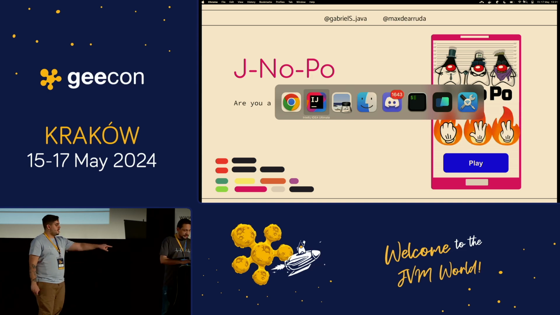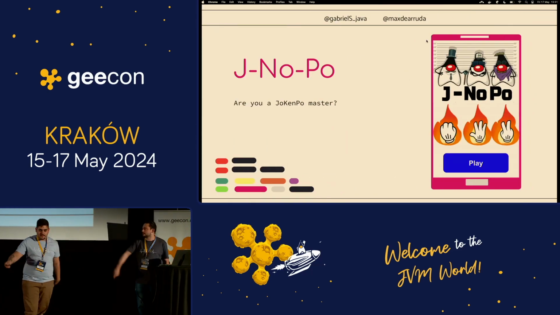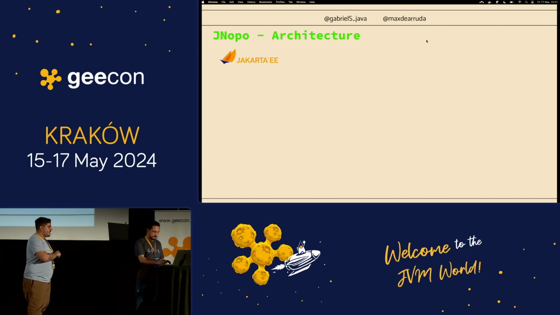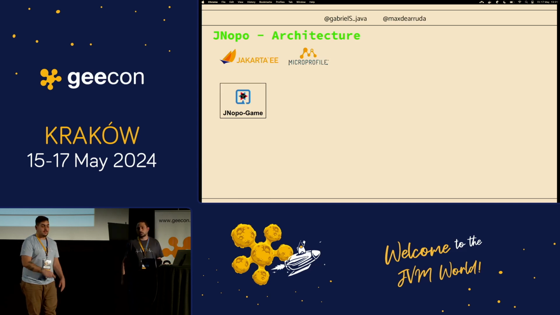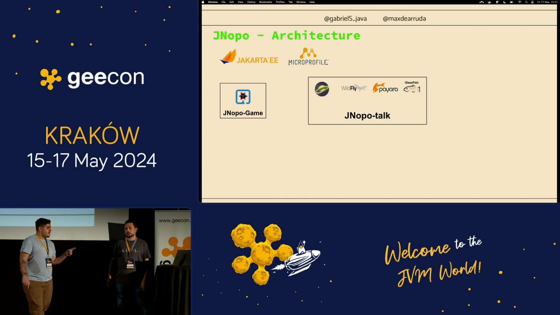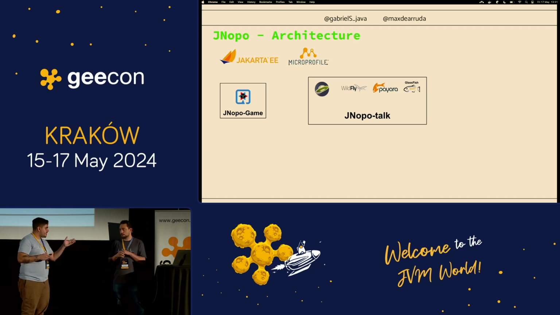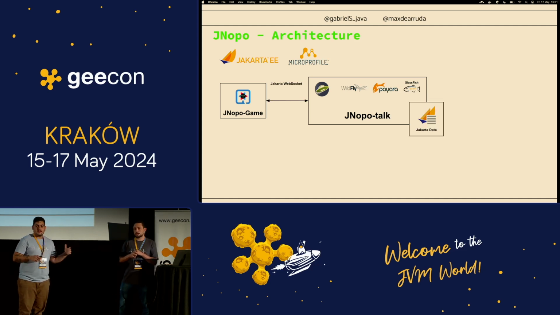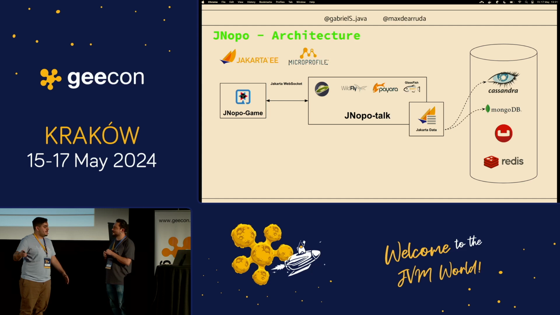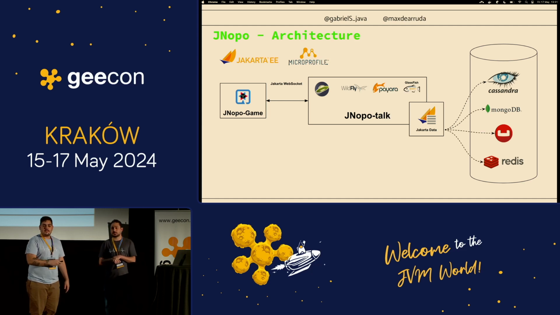Let me go ahead. We need to show the actor first. Okay, voilà. It's very nice, because we're using Jakarta EE and MicroProfile, and the game is running in a Quarkus application. After that we have a JNoPo talk, an implementation with a WebSocket, which reads the game, and processes and saves it, with the persistence in the database.